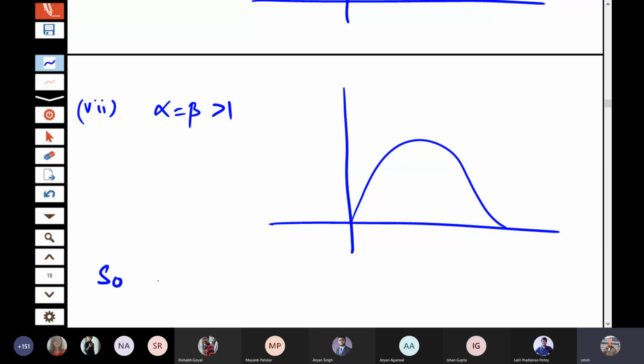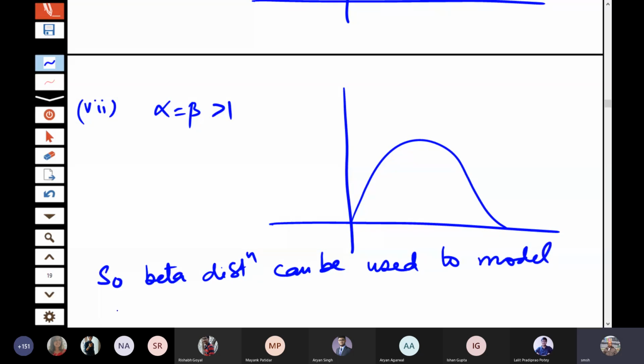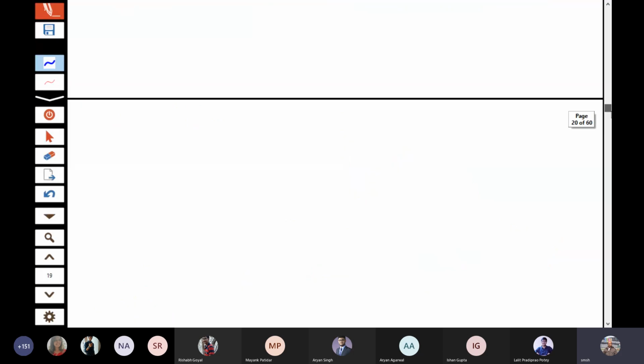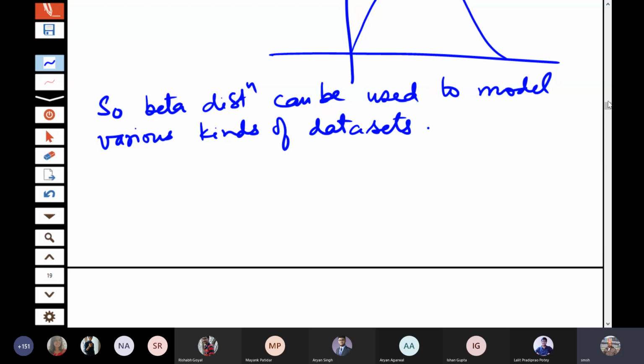So we can say that the beta distribution can be used to model various kinds of data sets. It is one of the very useful distributions in probability theory. And since the form of the beta function is used, you can actually calculate moments of any order.